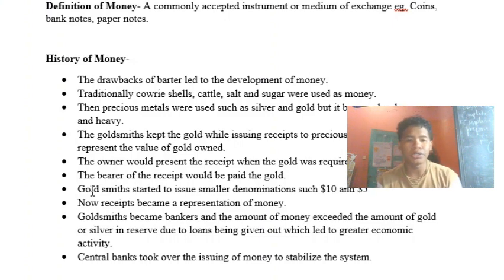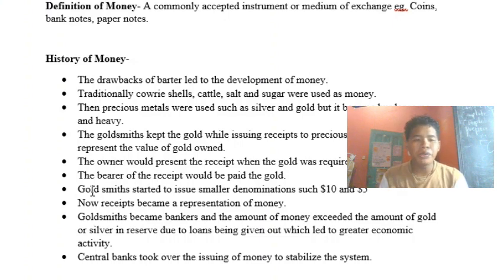Traditionally, cowrie shells, cattle, salt, and sugar were used as money, but the medium of exchange was not effective enough. For example, in terms of transportation, if you were using sugar or salt as a medium of exchange, it would be substantively difficult.